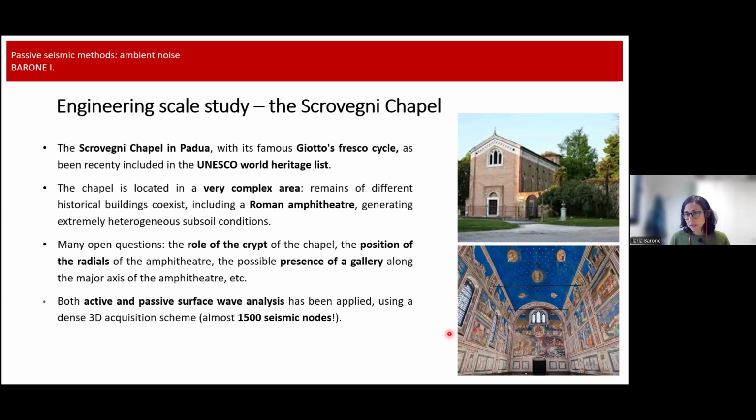We started to do this acquisition, this study in general, because we wanted to answer some open questions, including the role of the crypt of the chapel, the actual position of the radial walls of the amphitheater, the possible presence of a gallery along the major axis of the amphitheater, and we will see that in detail later on.